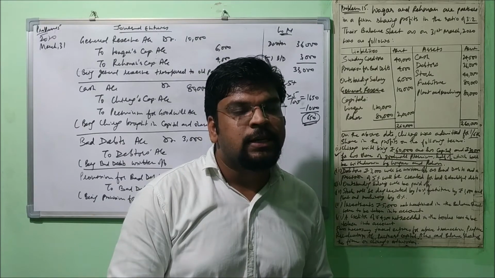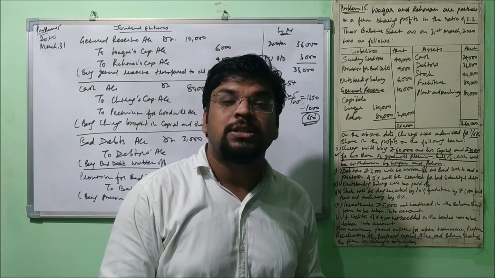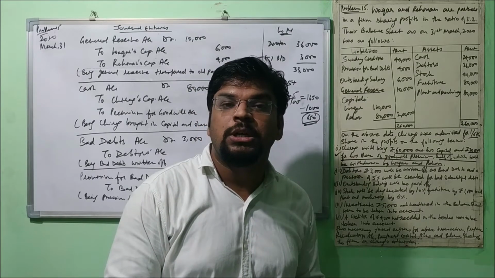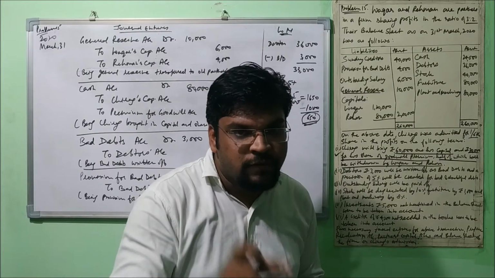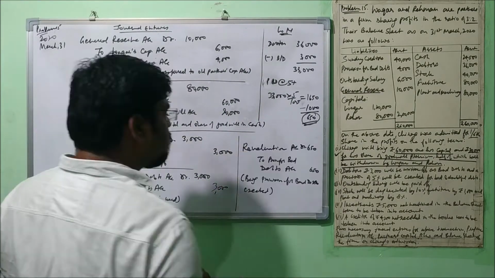So here the amount of liability has increased, right? Means one more liability has been introduced. So what is going to be debited here? Revaluation account.